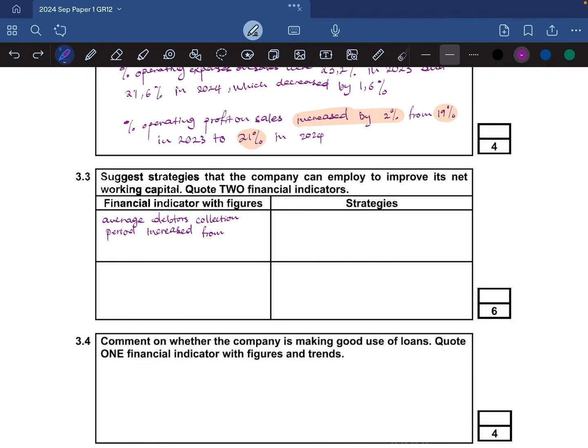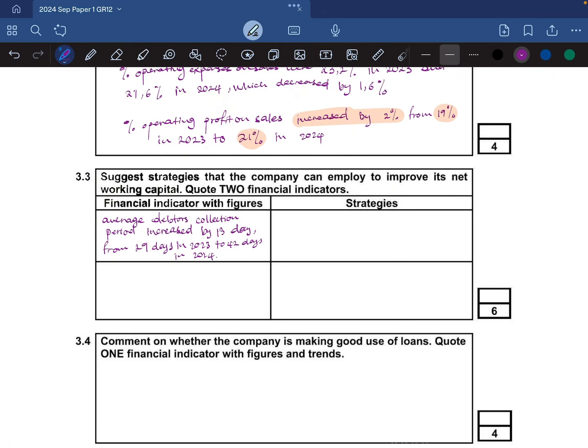So it's 42 minus 29, so it increased by 13 days from 29 days in 2023 to 42 days in 2024. Okay, now it's all up to your strategies and what you're thinking. Based on the numbers that we had, an increase in the average debtors collection period is something that is not good for the business.